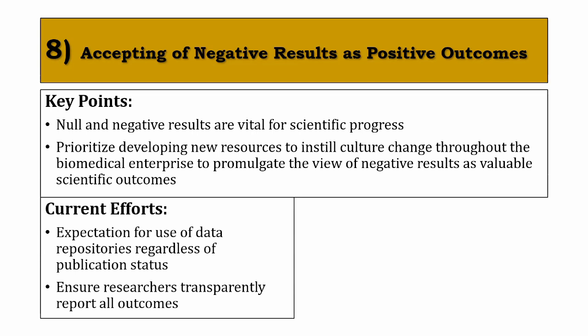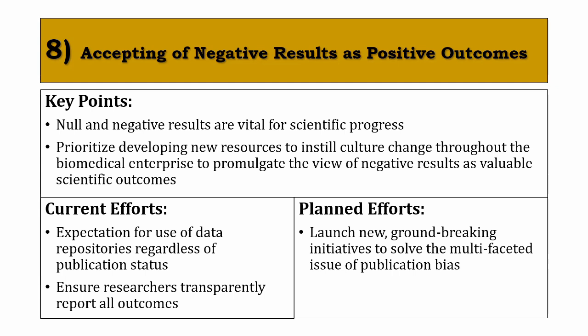So current efforts, they already have expectations of funded research to use data repositories regardless of publication status. You can put null results in a repository without having to try to fight through publication. And they want to make sure that researchers transparently report all outcomes, even if they're null, even if they're negative, because that adds to the scientific literature, that adds to the scientific process.